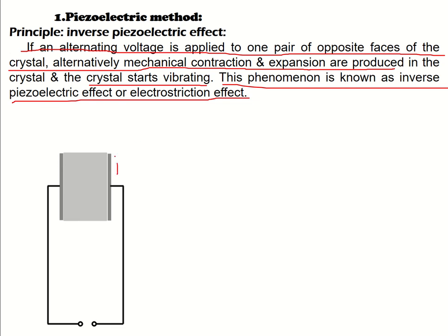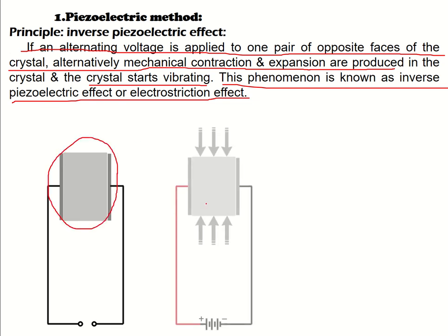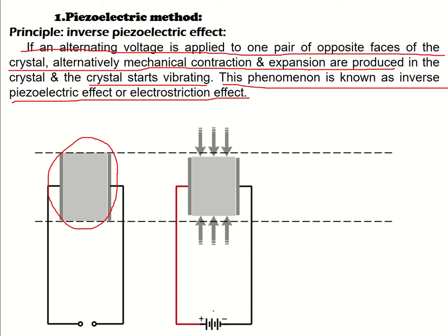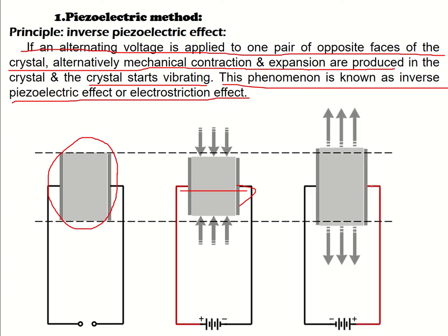Here, suppose this is a piezoelectric material. Now, when we apply an electric field in this particular direction, the length of the piezoelectric material will decrease. And if we apply the electric field in the inverse direction, the length will increase. That means if we alternately change the direction of the applied electric field, the piezoelectric material will undergo alternating contraction and expansion.